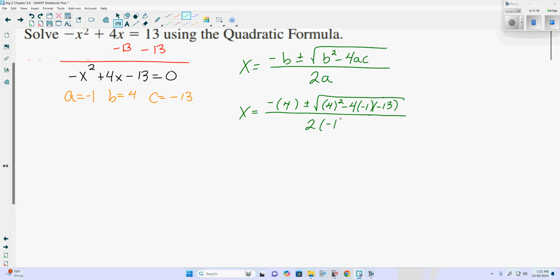All over 2 times a, 2 times -1. Well, -4 is just -4. The denominator 2 times -1 is -2.